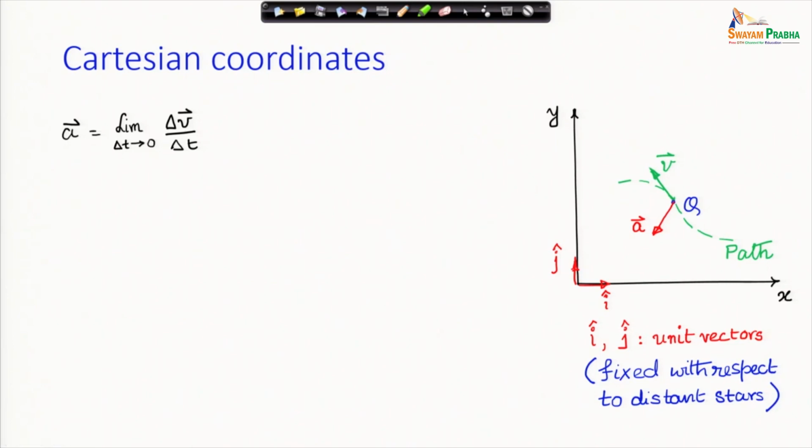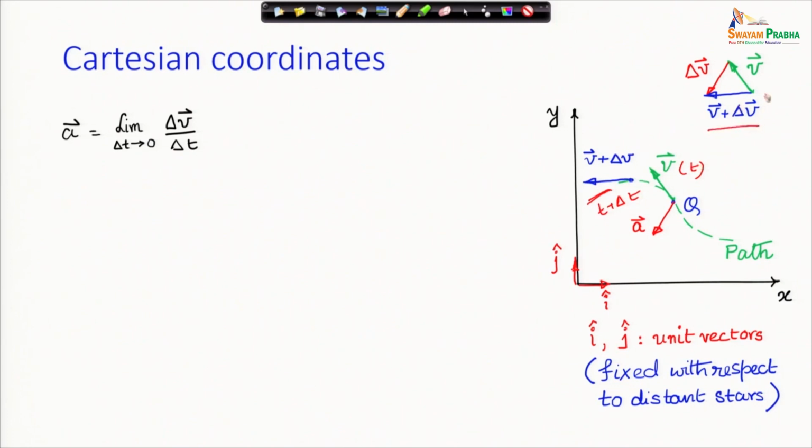Acceleration is defined in the limit delta t tends to 0 of delta v by delta t. So, I look at the velocity vectors at 2 instants of time as shown here. One is at t plus delta t, the other velocity was at t.